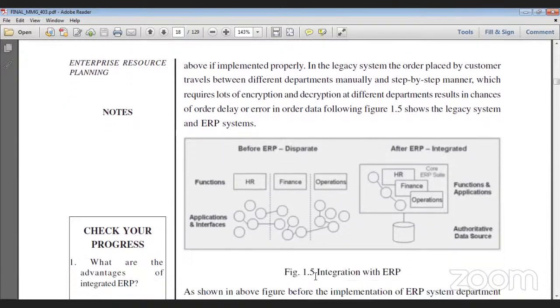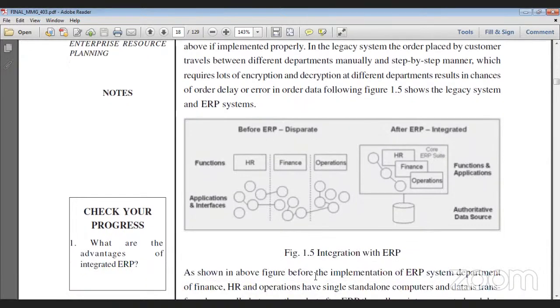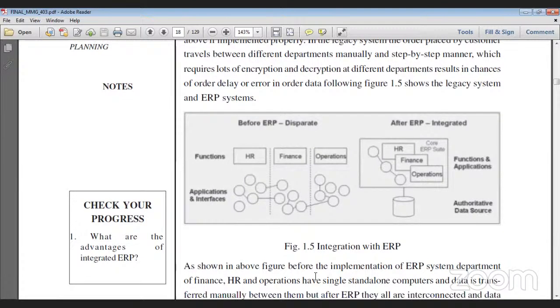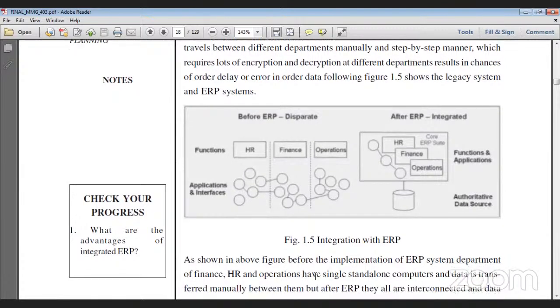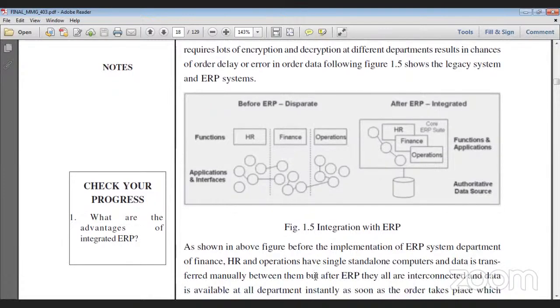Here the legacy system and ERP system figures are given. As shown in the above figure, before the implementation of the ERP system, the departments of Finance, HR, and Operations have standalone computers and data is transferred manually between them.